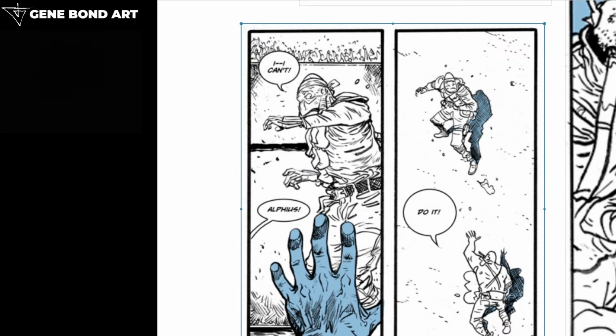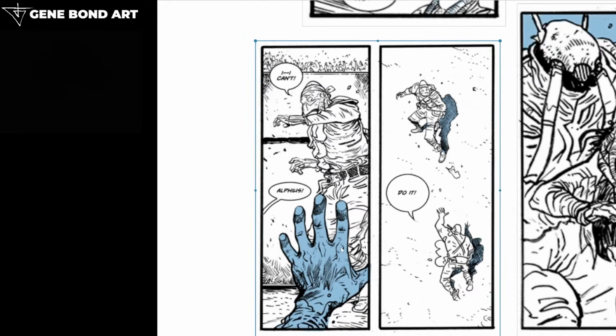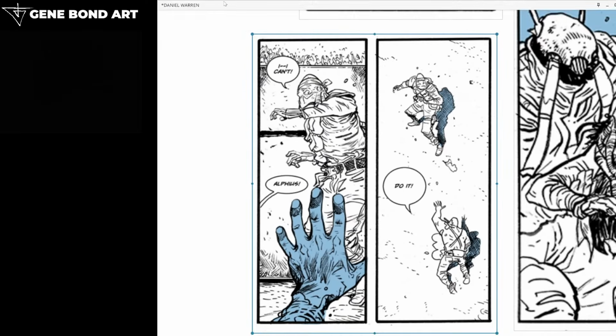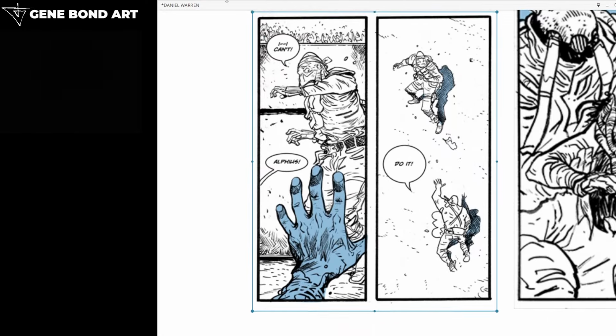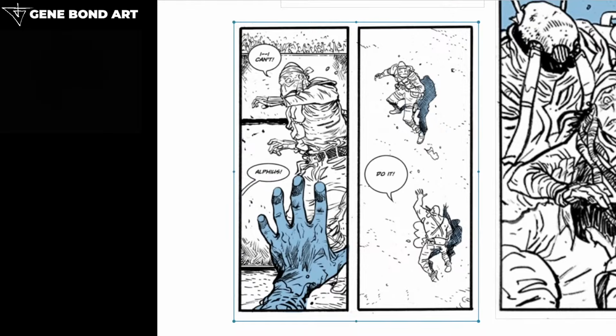The second character is a detail, because it's only his hand. It's also kind of an over the shoulder type, but instead of a shoulder we have a hand.